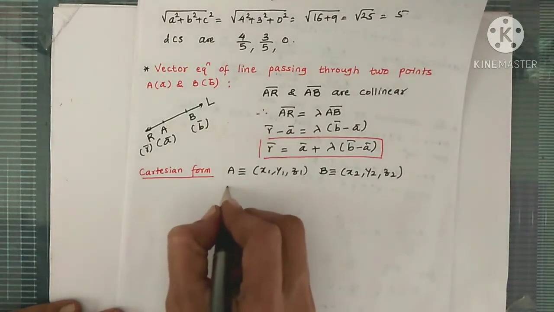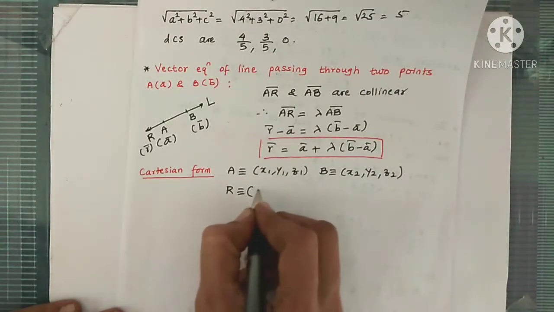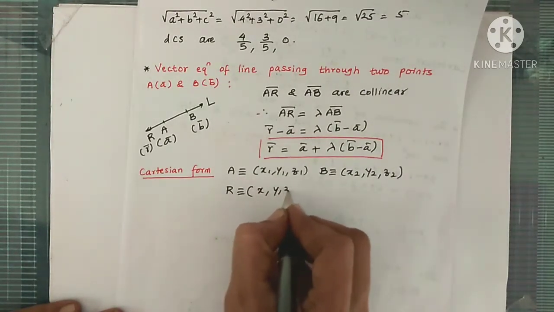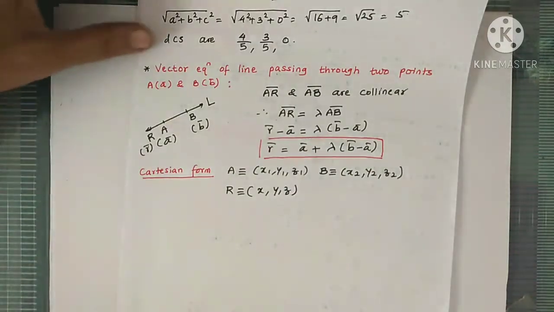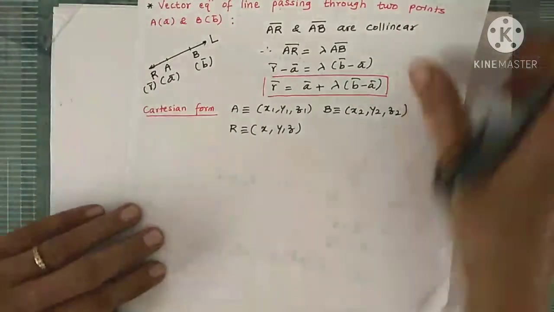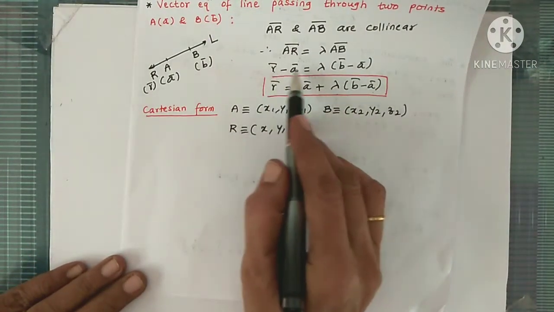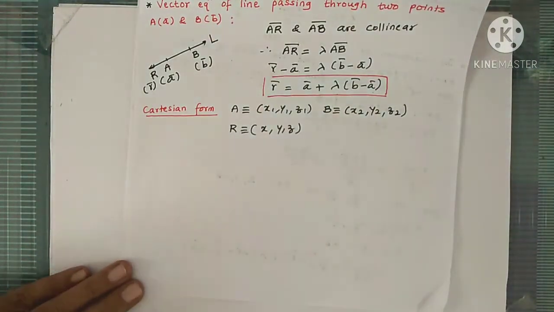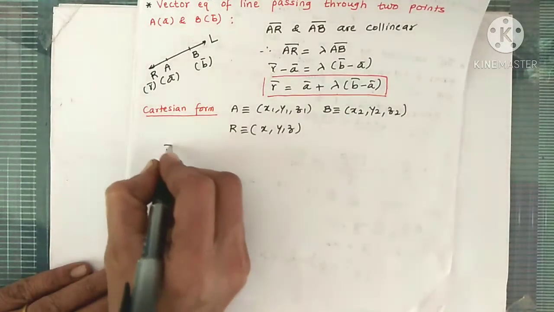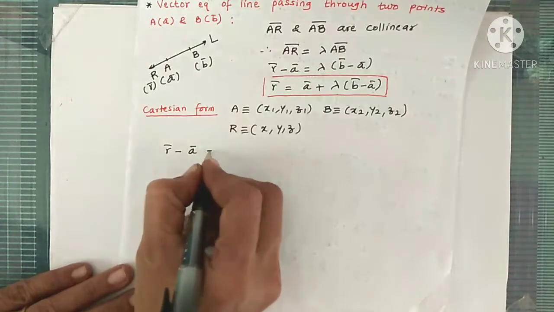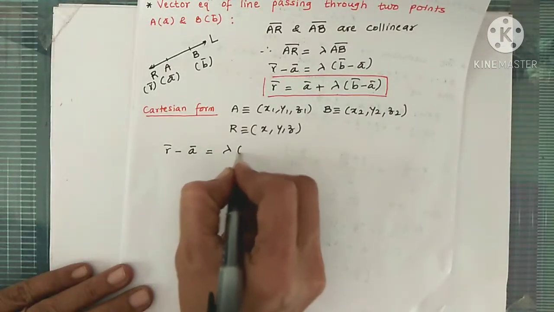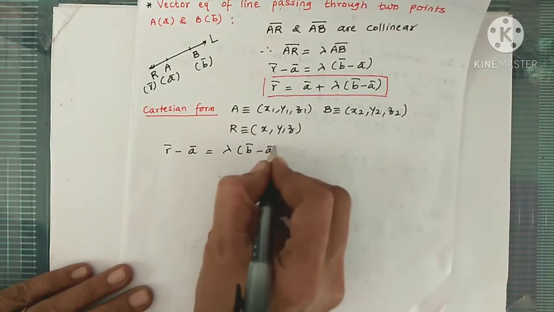And let an arbitrary point R on the straight line be x, y, z. So in the equation we have R bar equal to A bar plus lambda into B bar minus A bar. That means R bar minus A bar equal to lambda into B bar minus A bar.